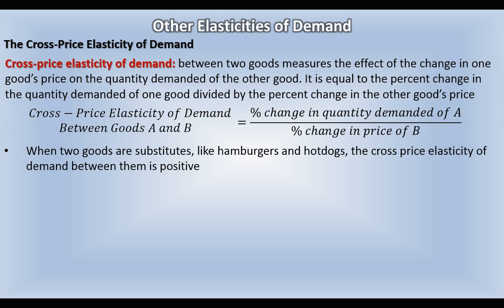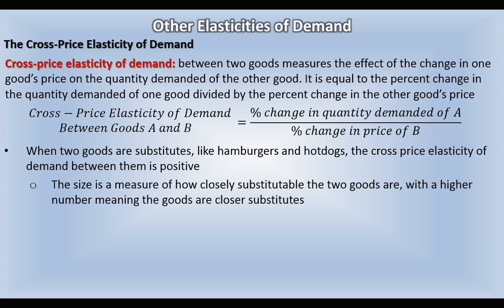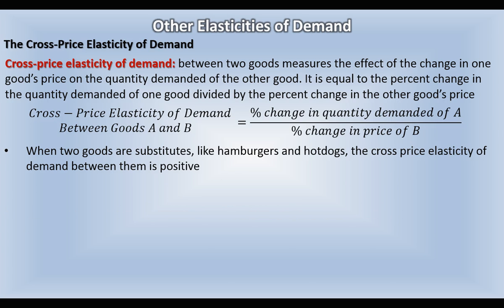When two goods are substitutes, like hamburgers and hot dogs, the cross-price elasticity of demand is going to be positive because, again, as the percent change in the price of hamburgers goes up, the quantity demanded of hot dogs will go up. So these will both move in the same direction, and so you have a positive over a positive, so the cross-price elasticity of demand will be positive for substitutes. Versus if they're complements, right?